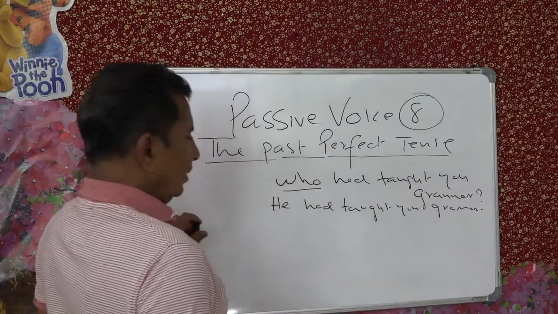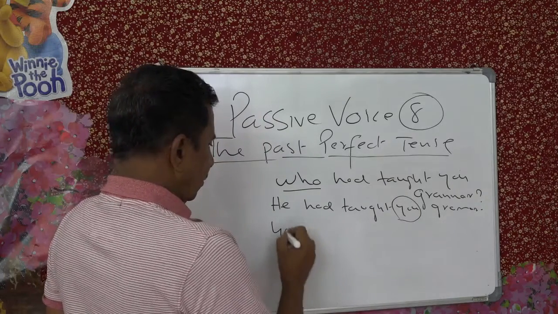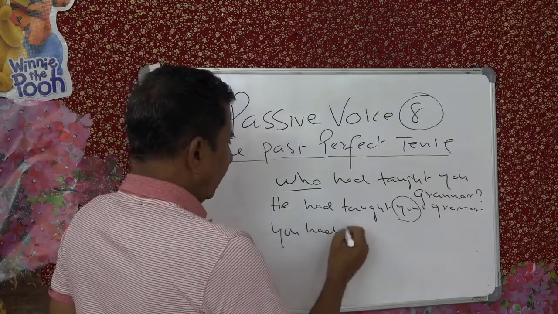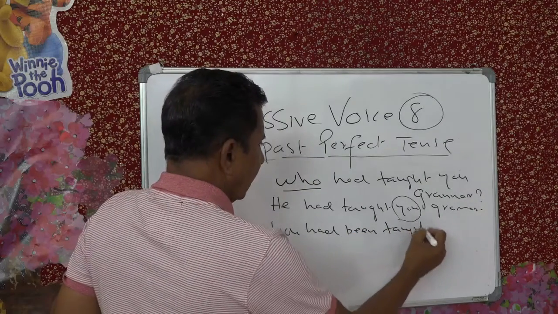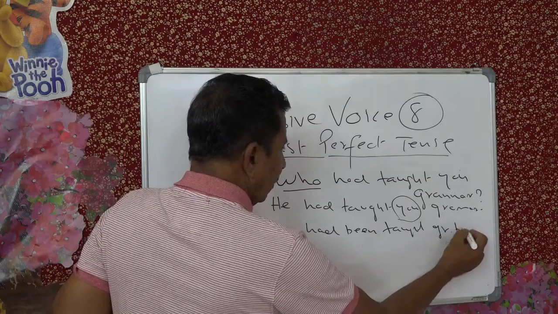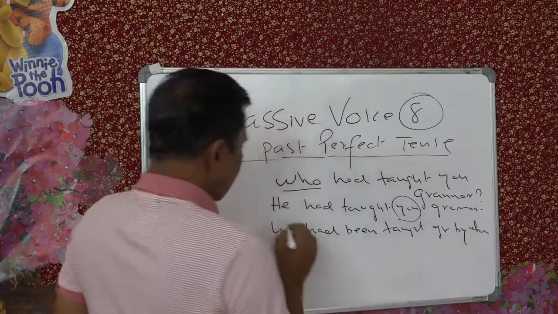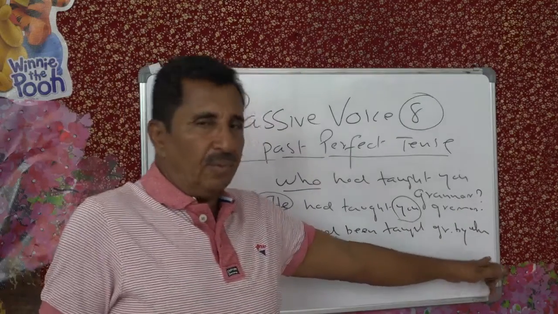So what should we say? You had been taught grammar by whom? Either by him or by whom. If you write "by him", then you substitute "by whom". That's all.